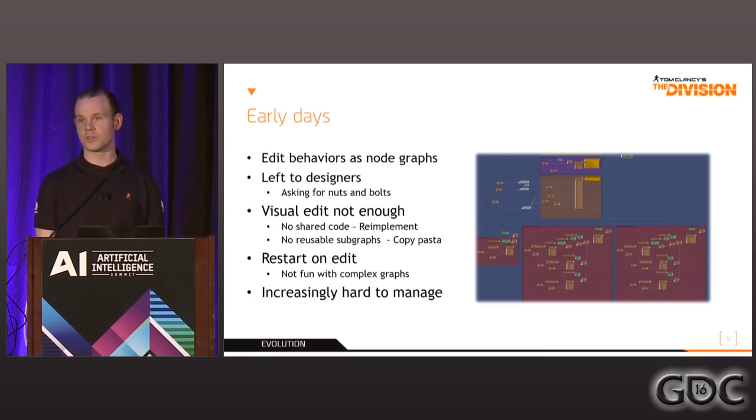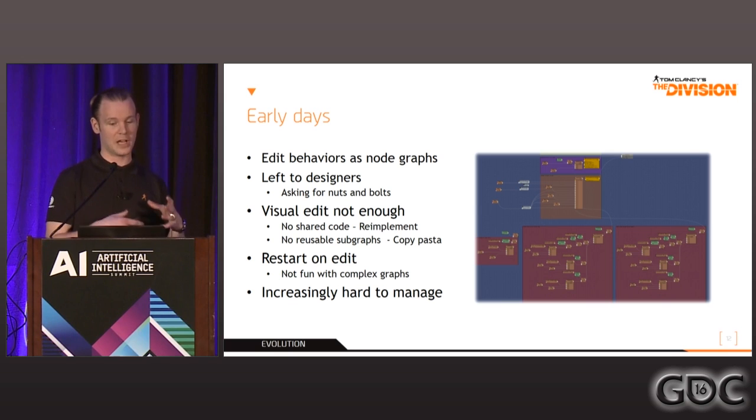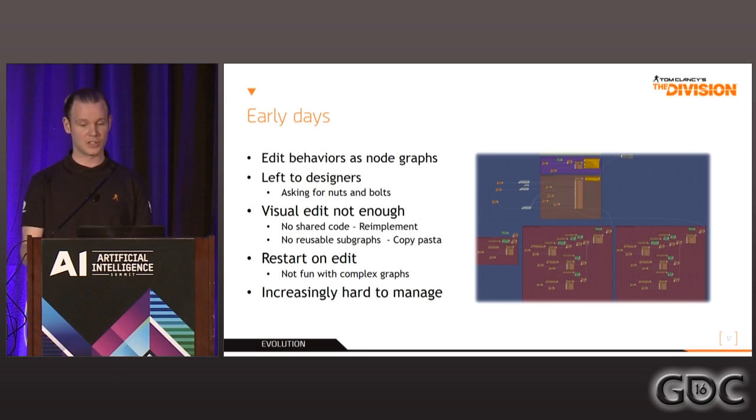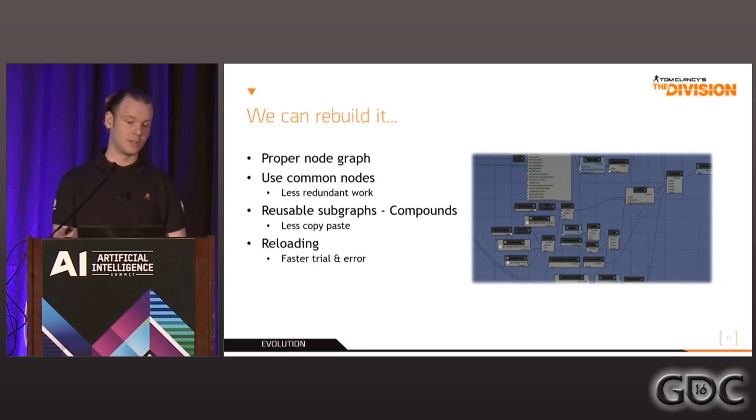So whenever they asked for something, we had to re-implement that node. There were no reusable subgraphs, so we ended up with a lot of copy-paste. And in addition to that, whenever you wanted your changes to take effect, you had to restart the game. So this system became increasingly hard to manage, and, well, we needed to rewrite it.